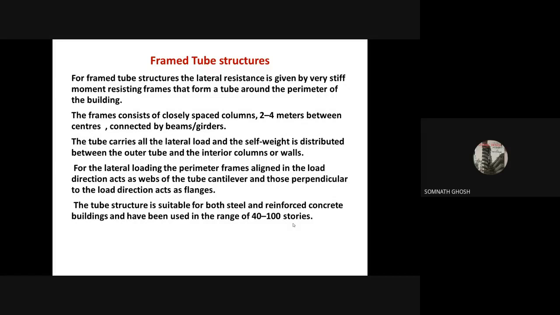The tube structure is suitable both for steel and reinforced concrete buildings. And you can go up to 40 to 100 stories, no problem.